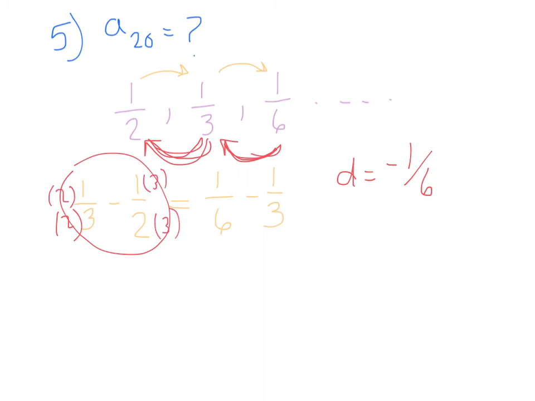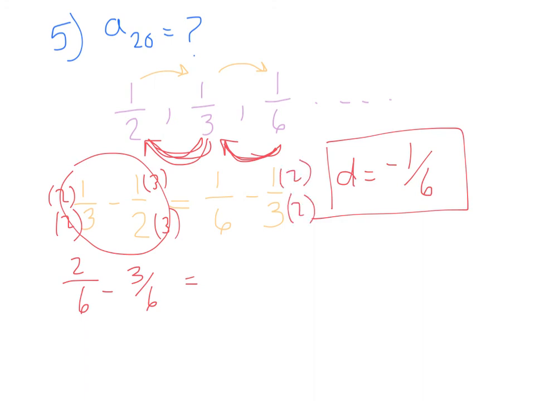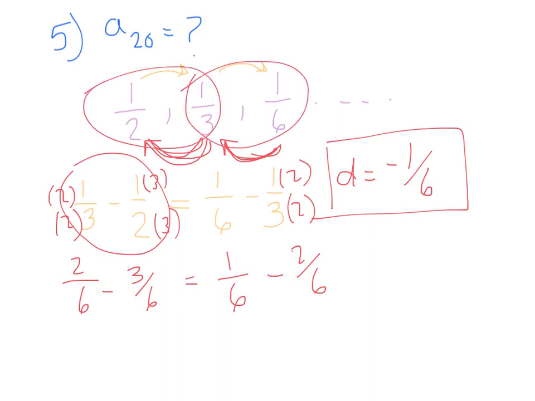You'll have 2/6 minus 3/6. Well, that's -1/6, which is the difference. If I do a common denominator here also, I'll have 1/6 minus 2/6, and that's -1/6. So it doesn't matter if you do the third minus the second or the second minus the third. As long as you're subtracting backwards and there's a common difference, then it's arithmetic.